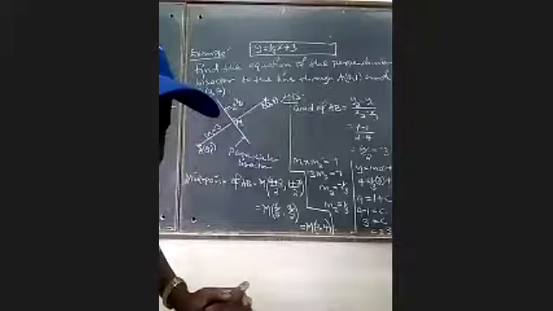So we use M. We can't use B because the perpendicular bisector is not passing through this point B. We can't use A because the perpendicular is not passing through A. Only the midpoint, which is also on the perpendicular bisector. Thank you, teacher.